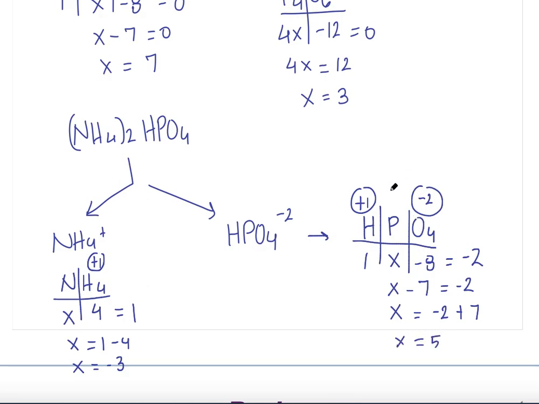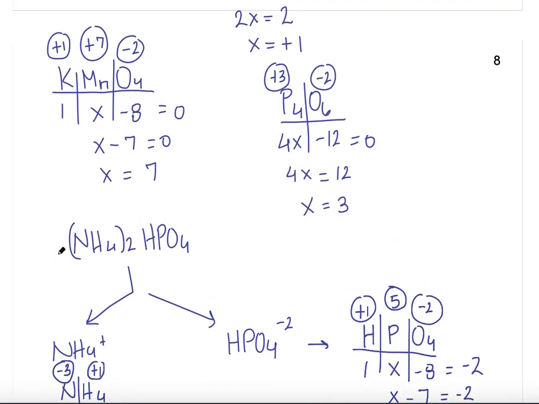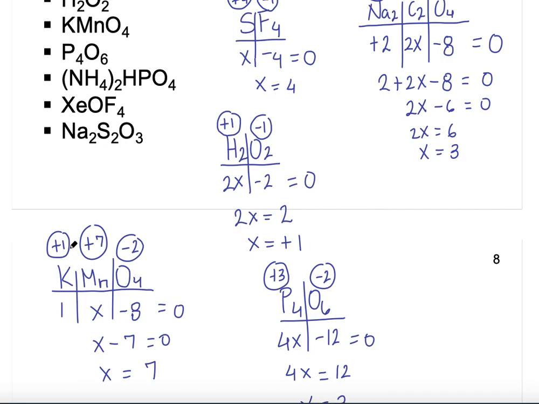And now we are done. So +5 here, and I forgot to put that this -3 goes up here, -3. There we go. And then we had 2 more examples.